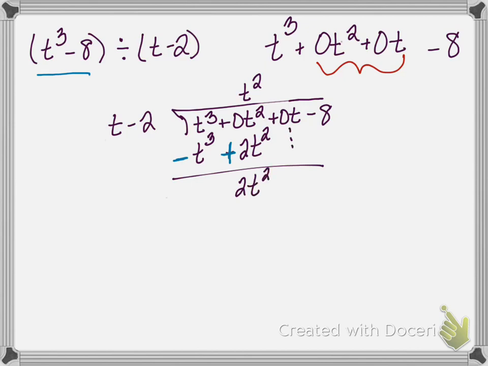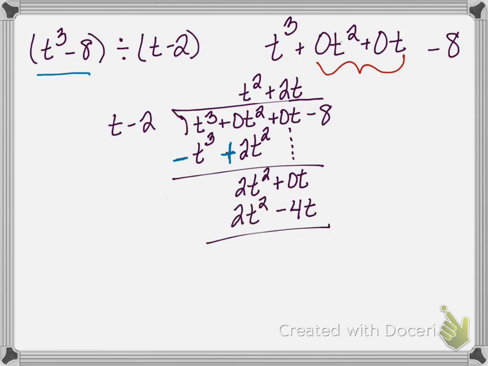So now I'm going to bring down my next term. So then I have 2t squared plus 0t. t times what gives me 2t squared? 2t. 2t times negative 2 is negative 4t. 2t times t is 2t squared.